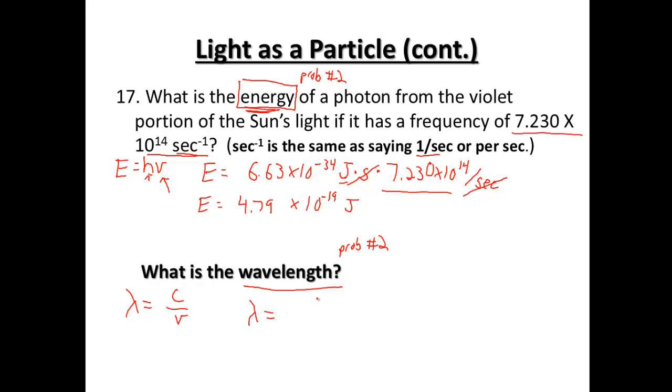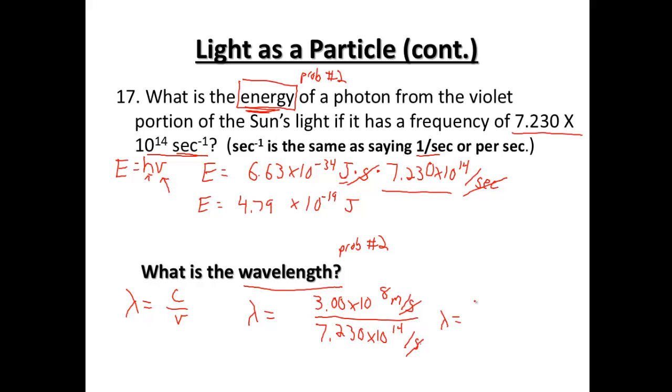So lambda is equal to the speed of light, which is constant, 3.0 times 10 to the 8th meters per second, divided by our frequency, 7.23 times 10 to the 14th per second. Here the seconds cancel, leaving us with meters.